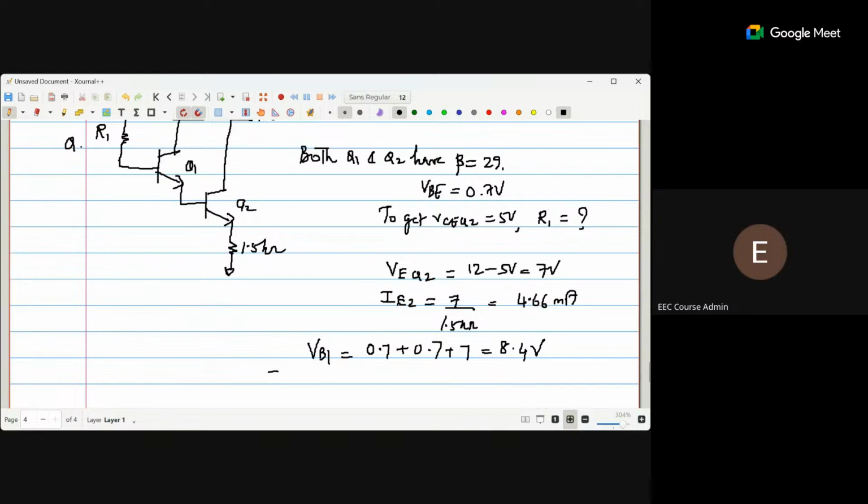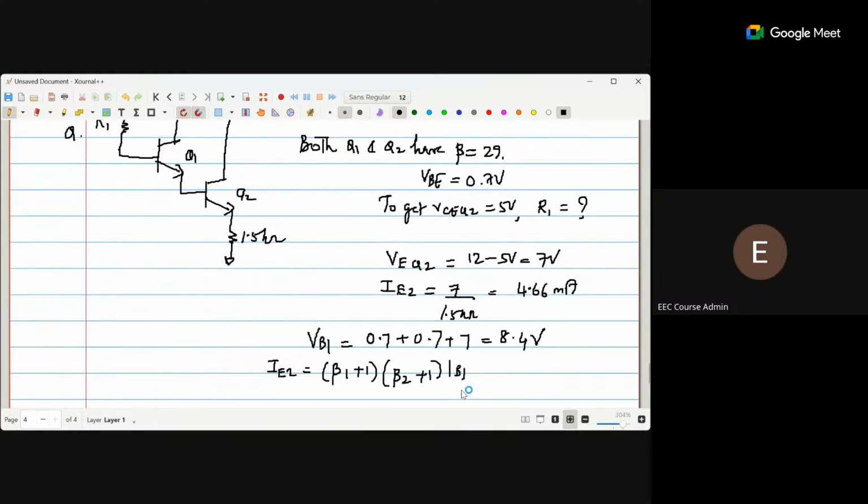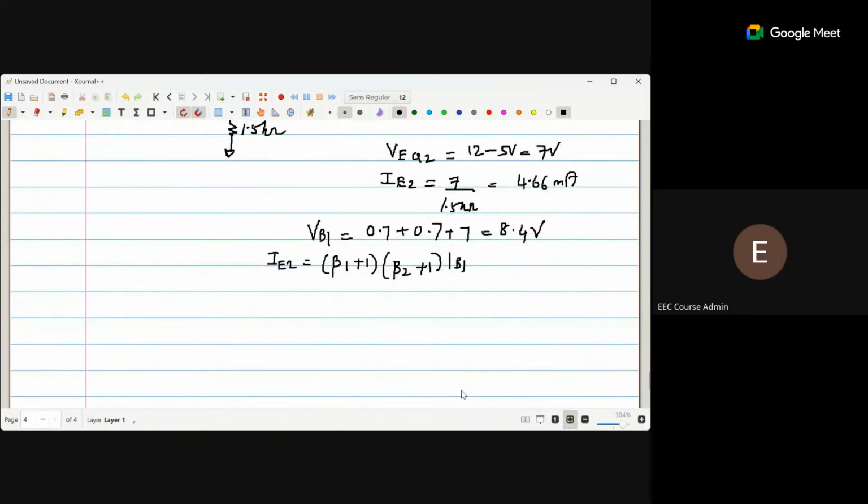So IE2 equals (beta1 plus 1) into (beta2 plus 1) into IB1. Here both betas being the same, IB1 equals IE2 divided by (beta plus 1) the whole square.